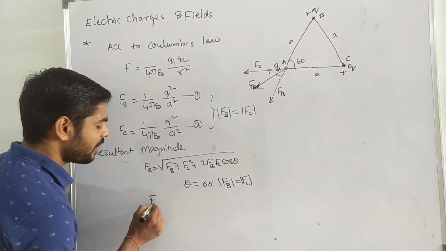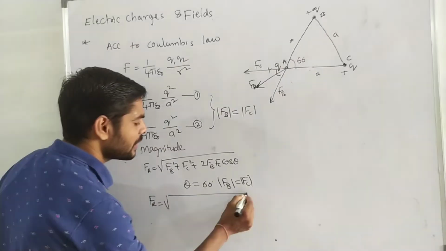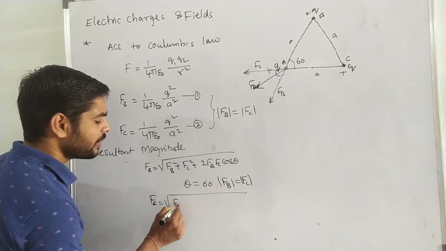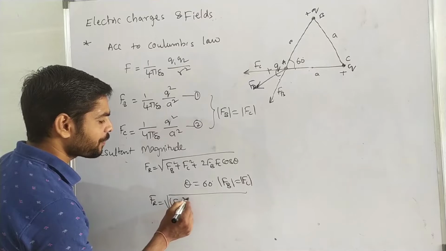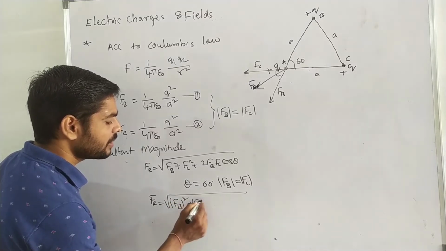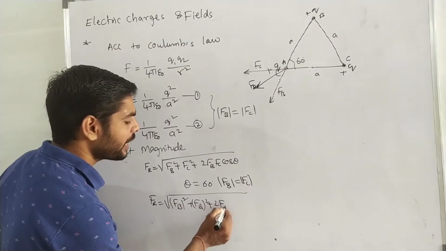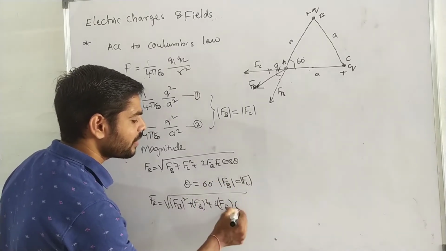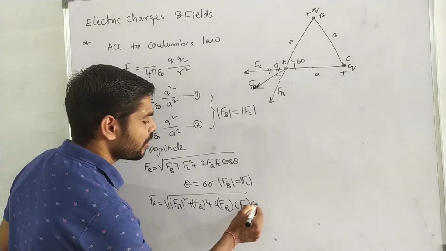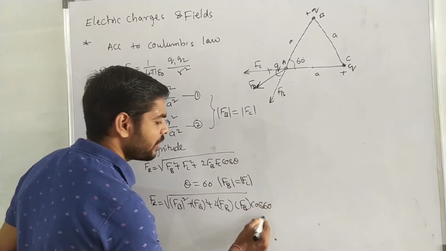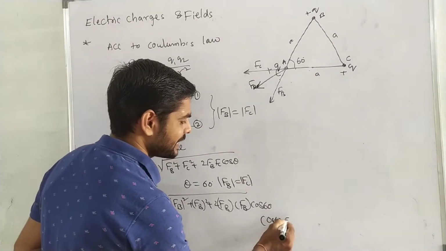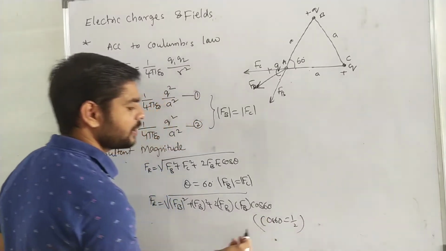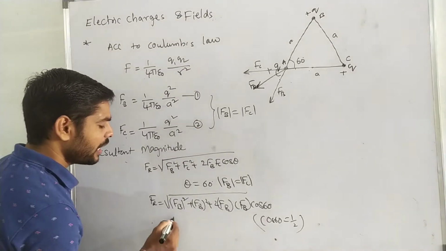That is, Fr is equal to, I can substitute directly, Fb square plus Fb square plus Fb into Fb cos 60, because both are equal now. What is the cos 60 value? Cos 60 is equal to 1 by 2. So substituting cos 60 as usual, what will we get?